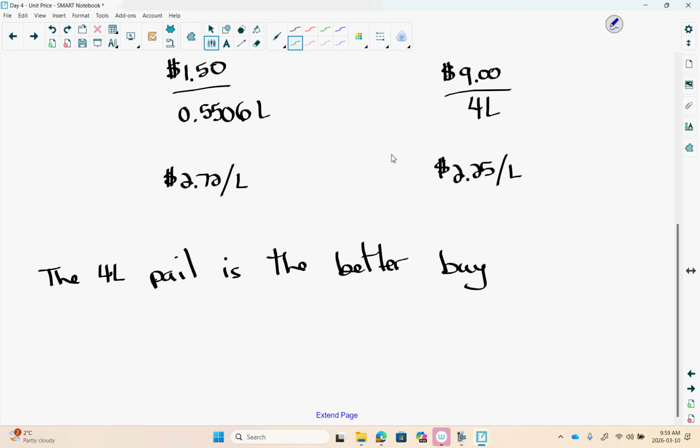Okay? Which might not be enough to tip the scale, you know what I mean? Like 47 cents isn't a whole lot of cash. Someone might just say, oh, well, whatever, I'm making some muffins, I only need a pint of strawberries. Okay? But when it comes to what's the better buy, there's no denying the 4-liter pail is the better buy.